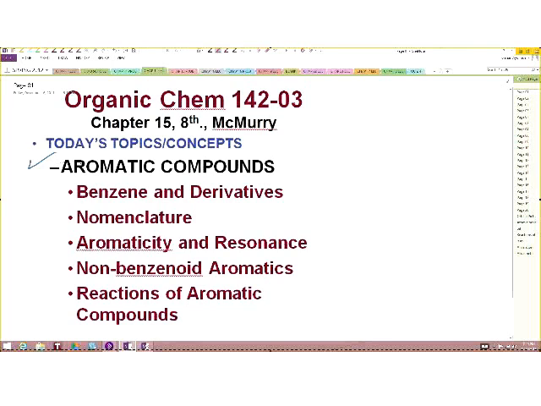For the most part, our focus will be on benzene and benzene type molecules, the benzene and derivatives. Of course, like every class of compound that we deal with, we will discuss the nomenclature. And then, of course, we will discuss very briefly what makes a molecule aromatic, which we call aromaticity. And then finally, for this chapter and also chapter 16, we will be discussing the reactions of aromatic compounds.